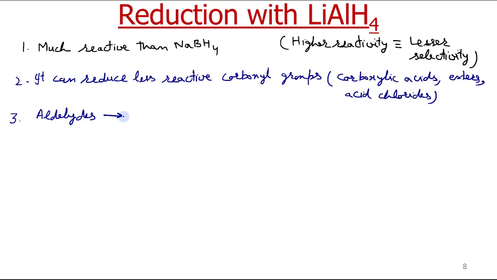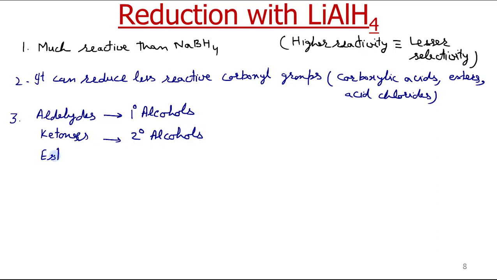So aldehydes give you primary alcohols. Ketones give you secondary alcohols.